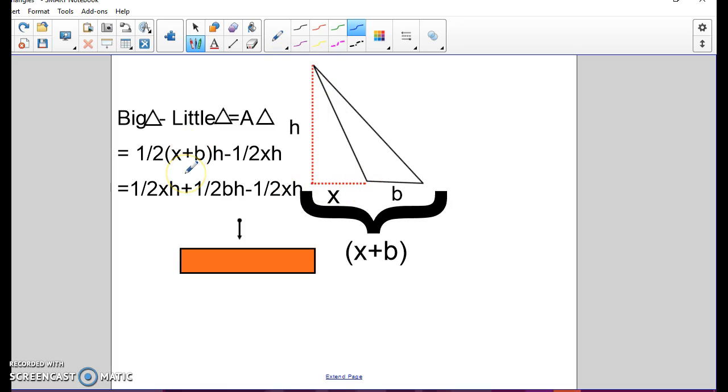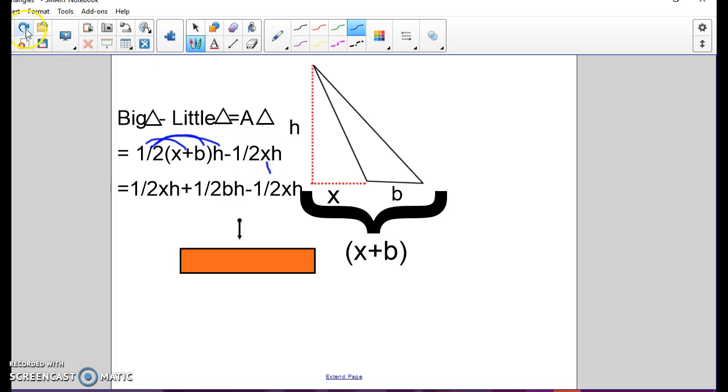Okay, and so in order to get that, we are going to do 1/2, and we are going to distribute it to the x, b, to the h. So we get 1/2 xh plus 1/2 bh minus 1/2 xh, which is just what we still had over here, and then we brought it back down.